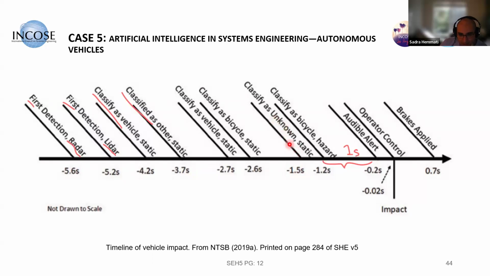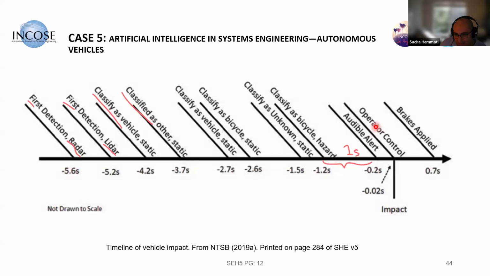I don't know, unknown. And then 1.2 seconds before the crash, it says this is a bicycle and hazard. Because it was confused, it waited for 1 second to activate the audible alert. And that was too late.